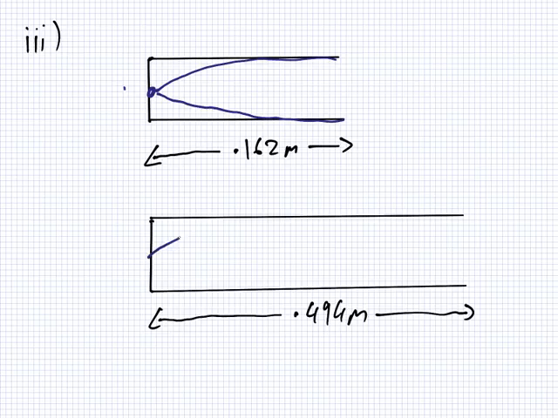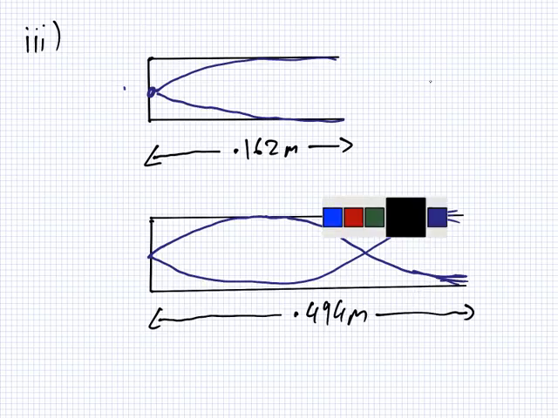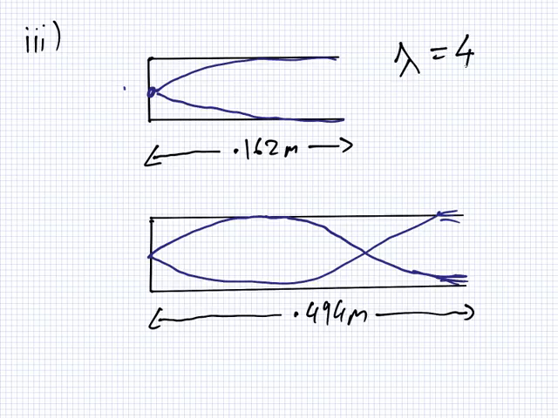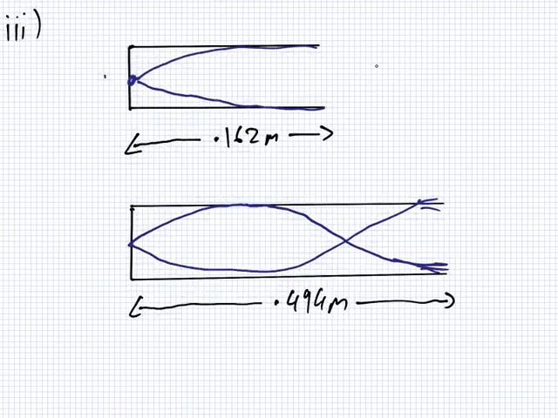So that's like this. In this picture, the wavelength would equal 4 times 0.162.